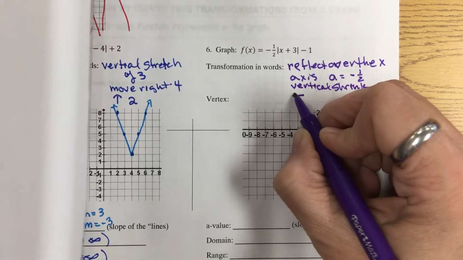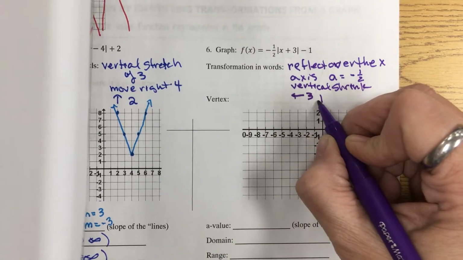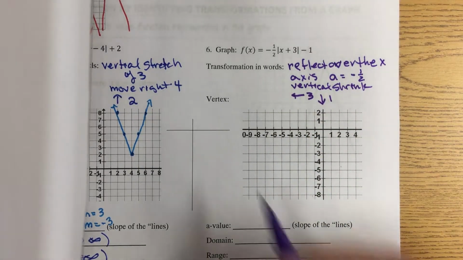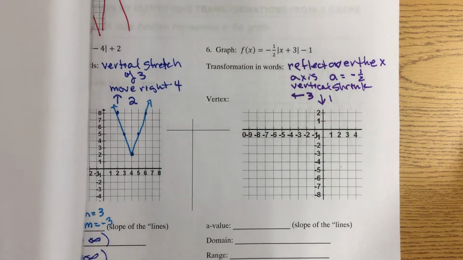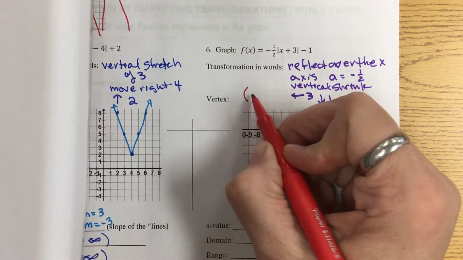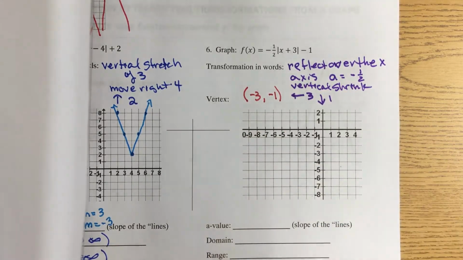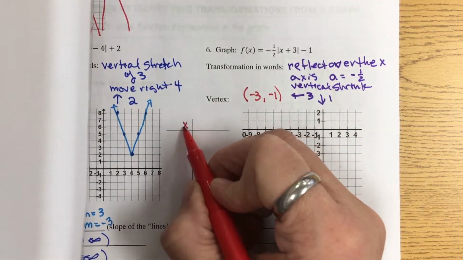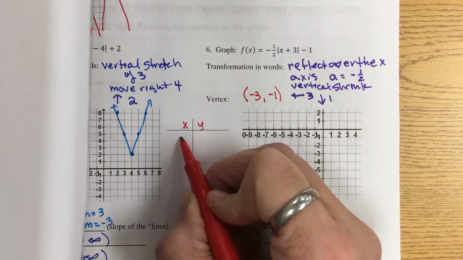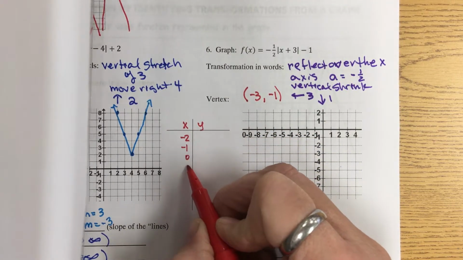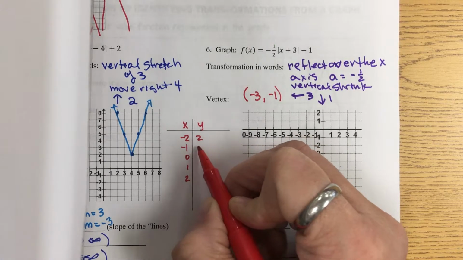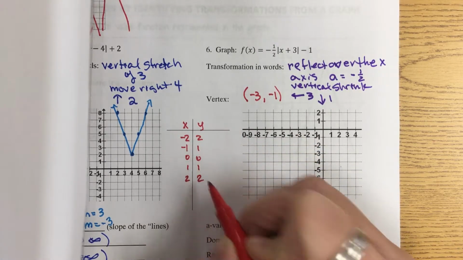And then I'm going to move it to the left 3, and I'm going to go down 1. So I fill in my t-chart. Oh, I need to do my vertex first. So -3, -1, then x and y, and I have -2, -1, 0, 1, 2. I have 2, 1, 0, 1, 2.